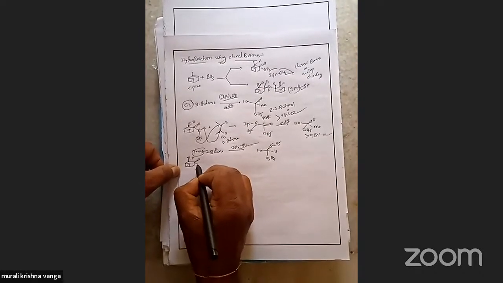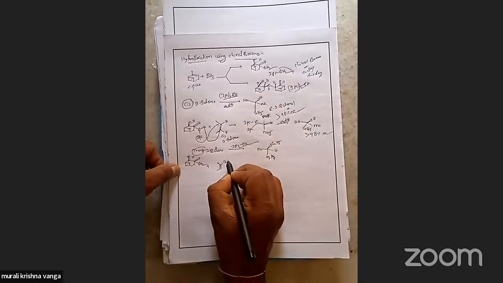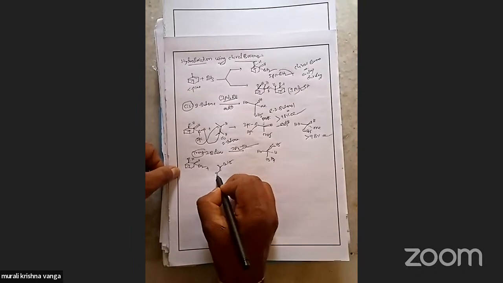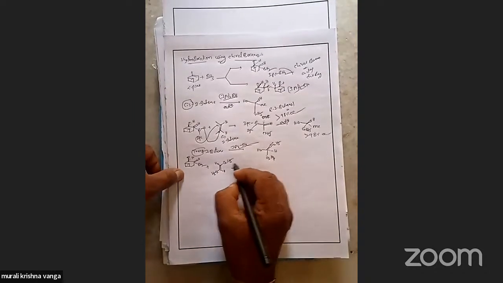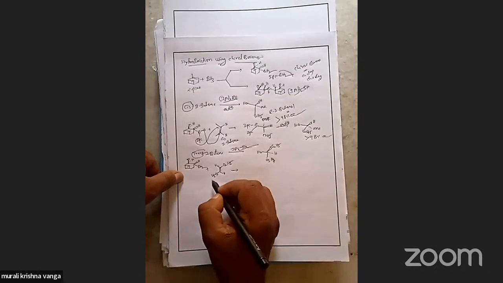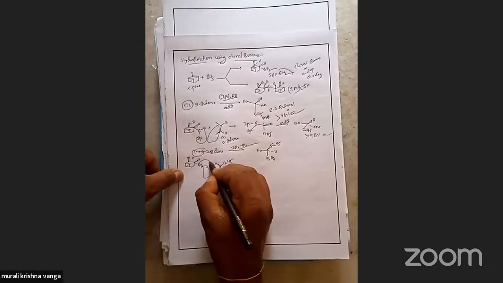For this reaction, IPCBH2 reacts with the alkene having C2H5 and hydrogen. When these two compounds react, a less hindered transition state forms, with hydrogen attacking, boron here.